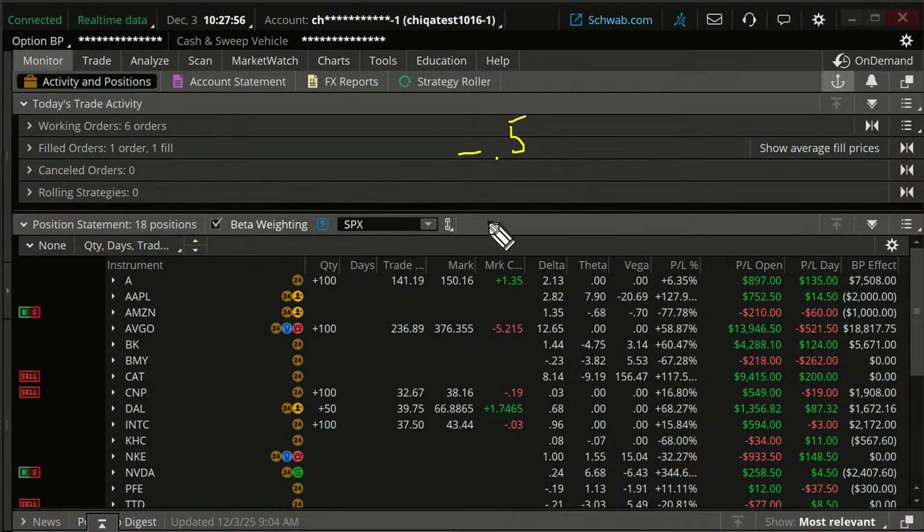What if I did a short call vertical on the SPX? Well, what's the delta we have on it? And this goes back to last week's discussion. What's the delta that we have on the SPX? It depends what strikes you pick.